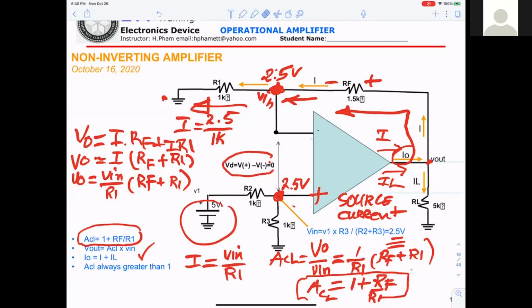Okay, now you're asking me what's inside the op amp. You don't know, Mr. Pham? Well, I don't know, I don't care. Just to keep us entertained, if the voltage is supposed to push the current, can you provide us a hint as to what is causing that current to flow out of the op amp?